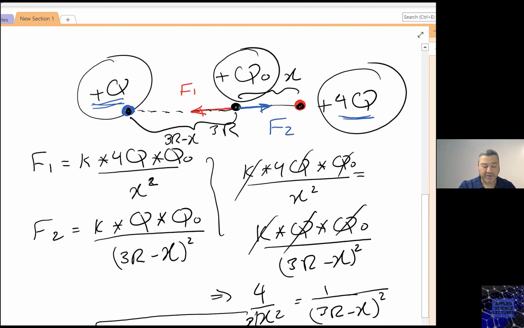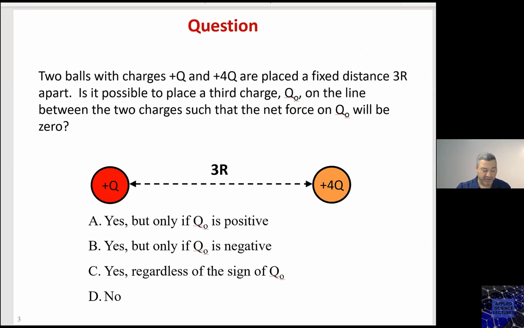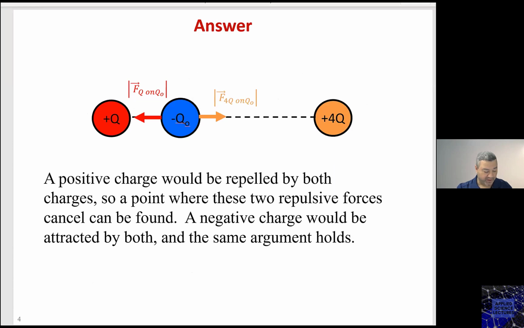However, here the forces are repulsive forces, and they are also in the opposite direction. So back to the question, the right answer is yes, regardless of the sign of Q naught. Okay, so those are exactly what we were talking about.